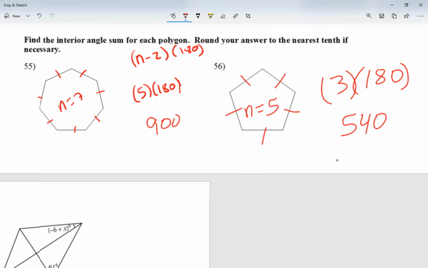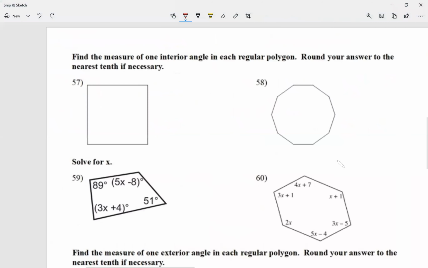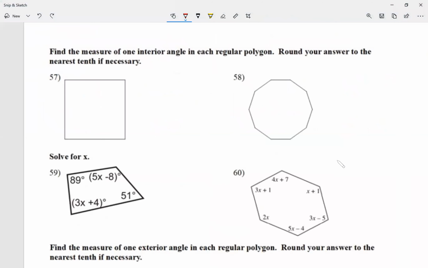Okay, not bad. Now let's take a look at question number 57 through 58. Let me flip my page. Find the measure of one interior angle. Okay, so first of all, we need to know how much all the angles on the inside add up to.